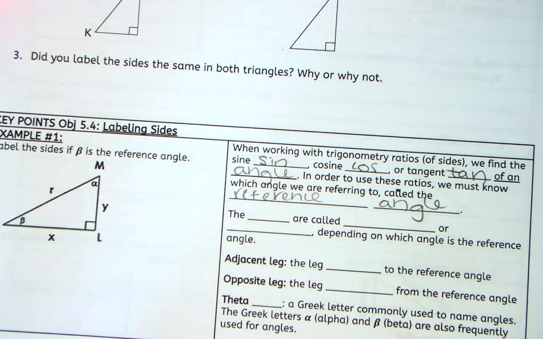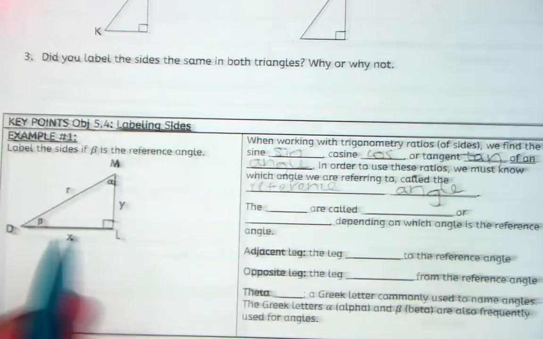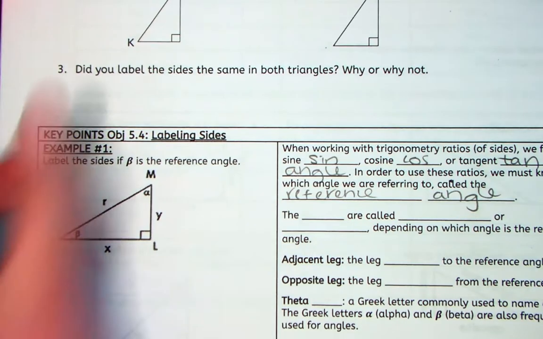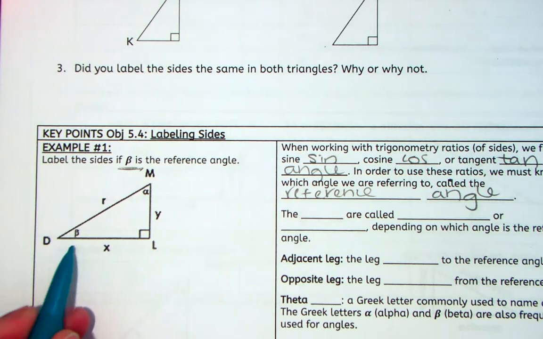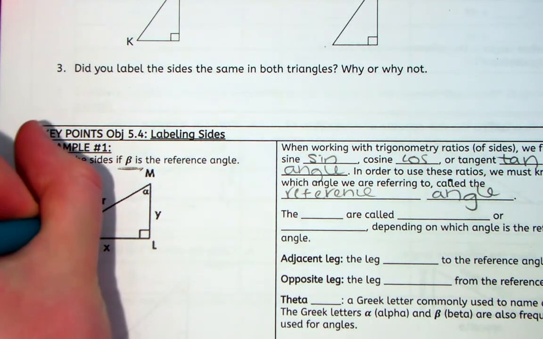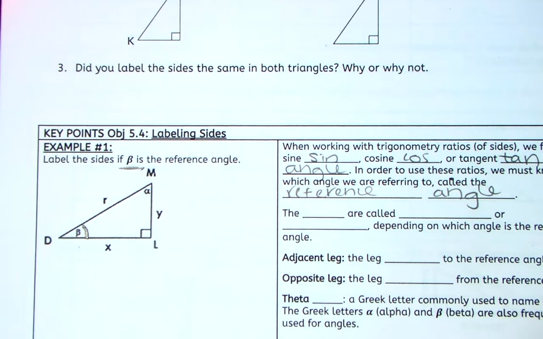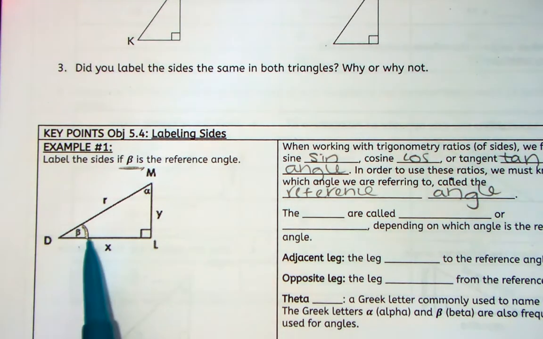When we're looking at a right triangle and we pick a reference angle, let's call beta our reference angle, we're going to focus on this angle, and then label our sides according to where they are in relationship to this reference angle, okay?